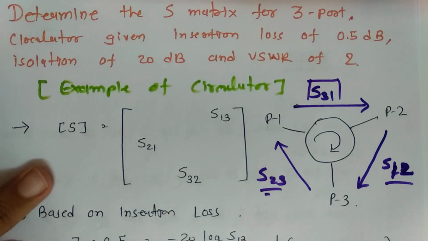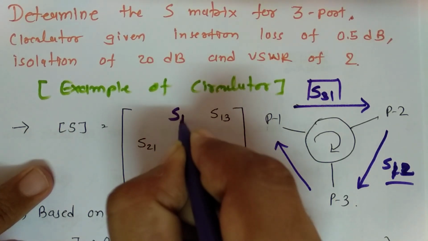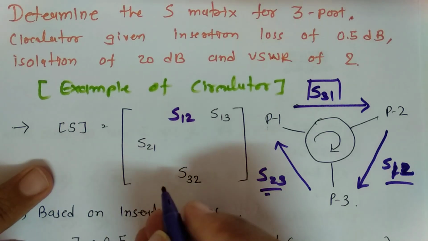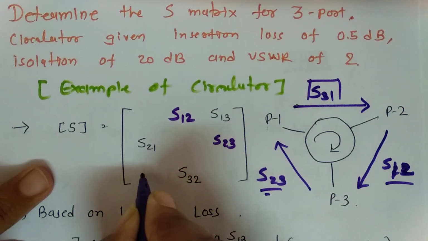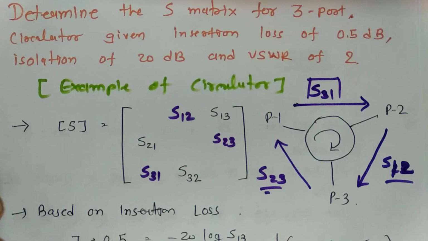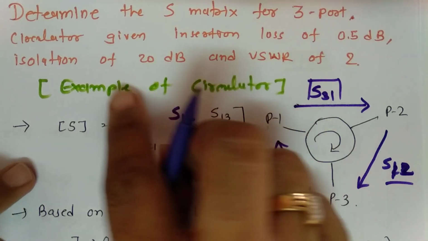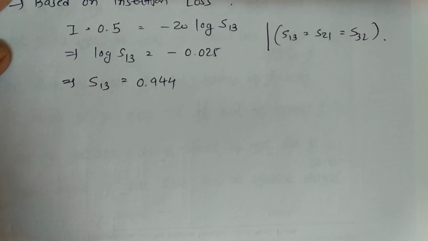So now I will write this. S12 should be isolated, S23 should be isolated, and S31 should be isolated. And we can calculate based on the isolation factor, which is 20 dB, given over here.